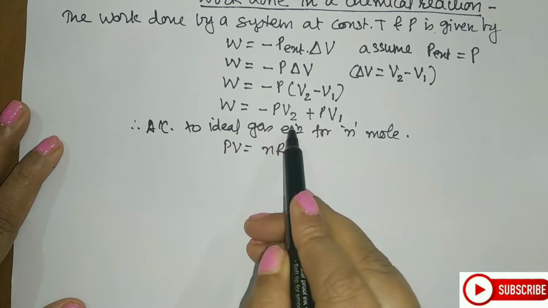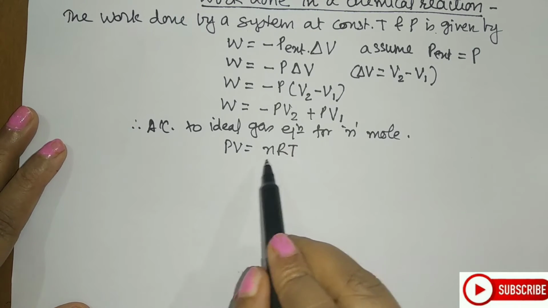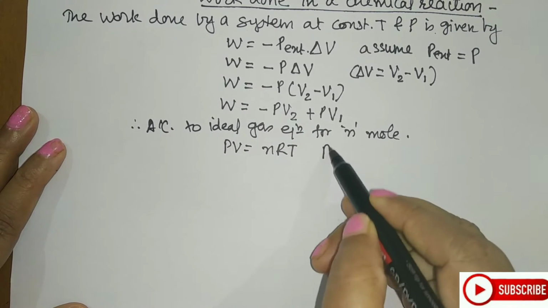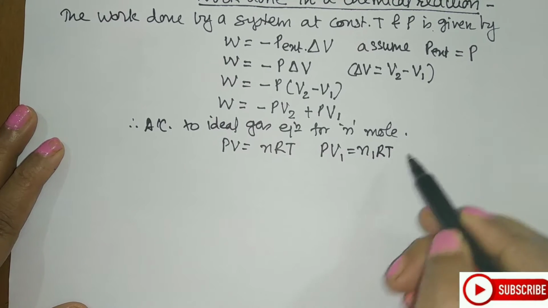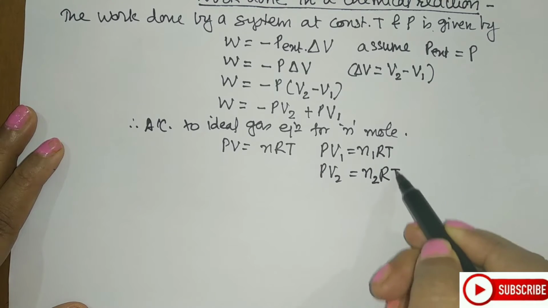But here we have PV1 and PV2. So let us rearrange this equation in the form of PV1 and PV2. So we will have PV1 is equal to N1RT. Similarly, PV2 is equal to N2RT.